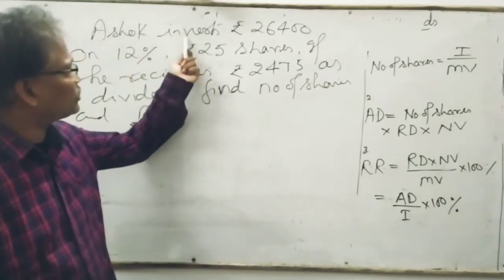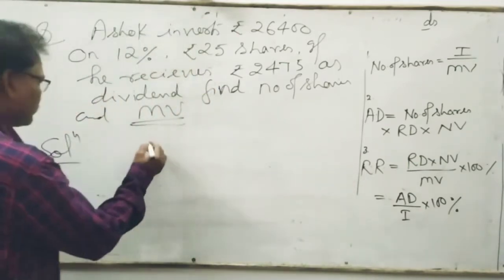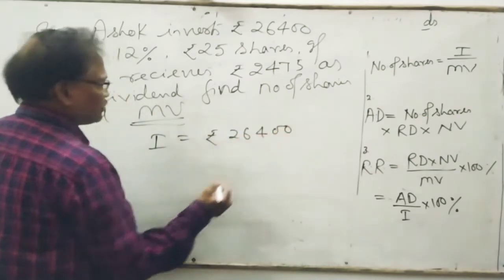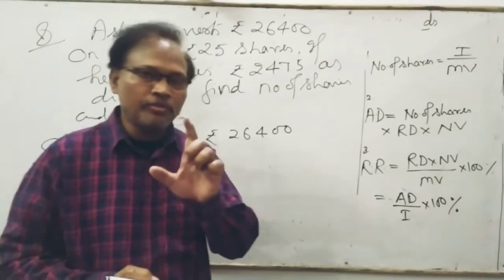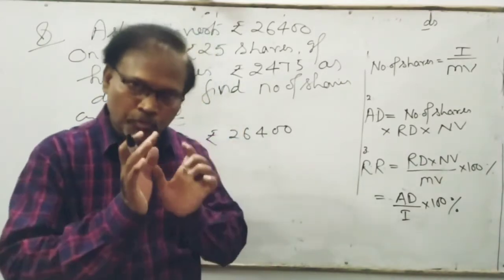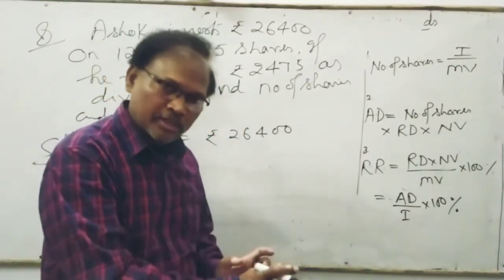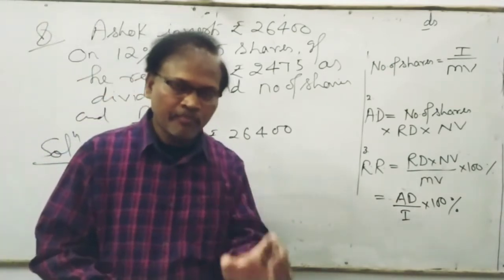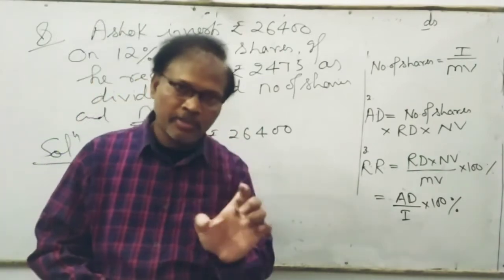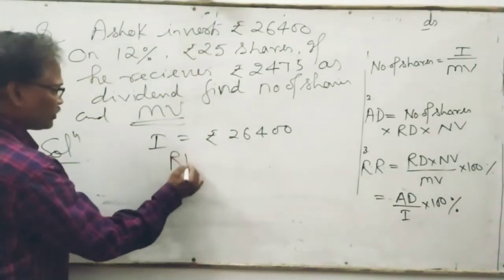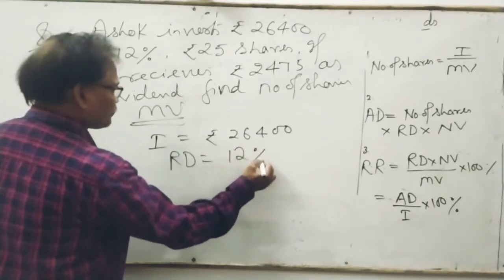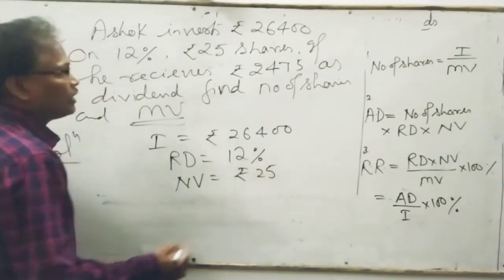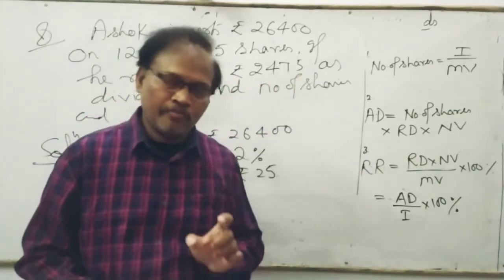That is the investment, क्योंकि ये इन्वेस्टमेंट दिया गया. So you can write here given quantity rupees 26400 is the investment. I told you the percent or rupees whatever given before the term share, you will consider the percent as the rate of dividend and the rupees as the nominal value. So the rate of dividend is 12% and the nominal value is equal to rupees 25. And this 2475 as the dividend.